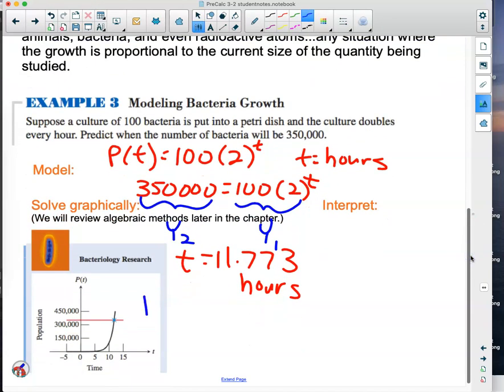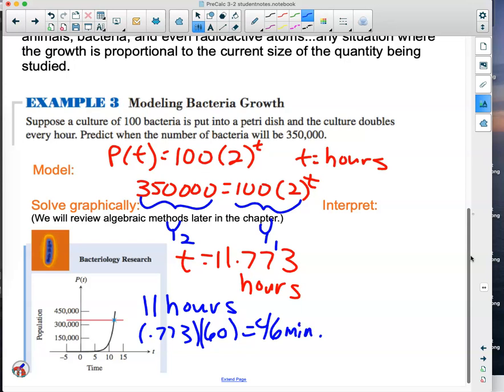So, we'd have 11 hours, and then we could take that 0.773 times 60 minutes in an hour, and that would come out to about 46 minutes. So when the researcher says, all right, I want you to make sure you're here so that when we get to that 350,000 level, you're calling me right away so that I can do the next part of the experiment. And so we want to interpret what it is that you would be able to say.